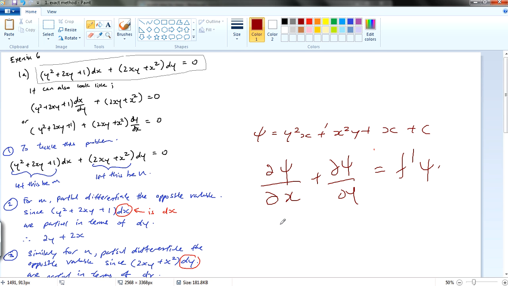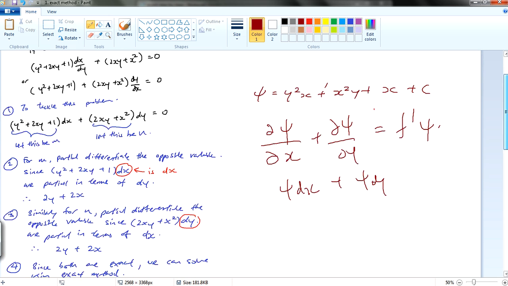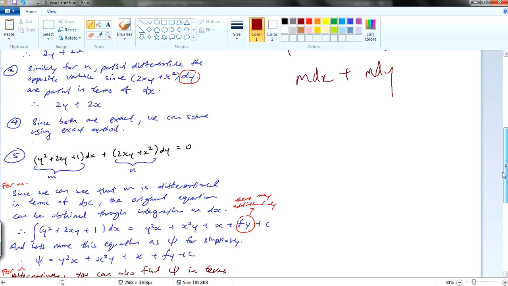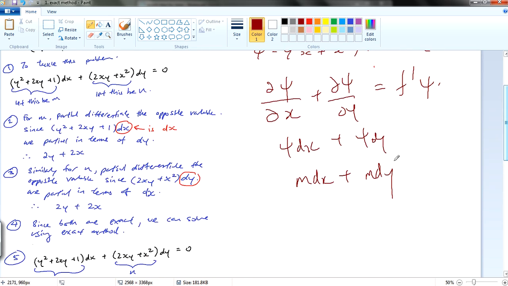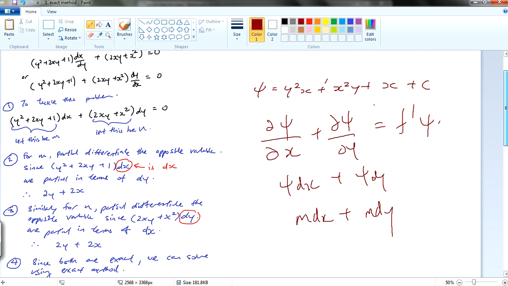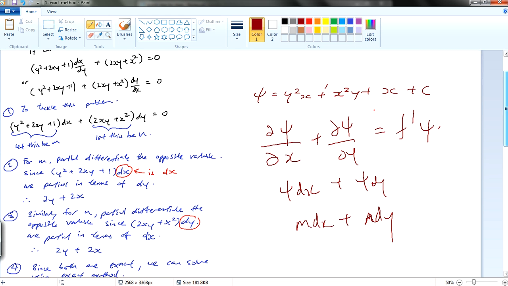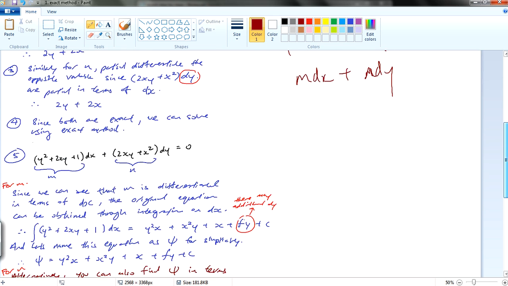So this can also be written as xi dx plus xi dy, and can also be written as m dx plus n dy. Therefore you know that if you partial differentiate xi in terms of y, you get n. You get this portion over here.